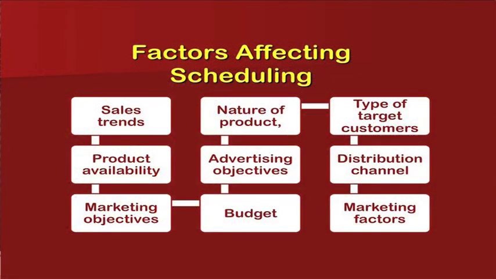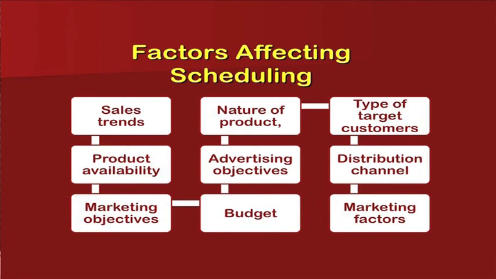Now, the factors affecting scheduling relate to the sales trends of the company and the product availability in the market. It also depends upon the marketing objectives, the nature of the product, the advertising objectives, the budgets, the type of the target customers, distribution channels and the marketing factors.